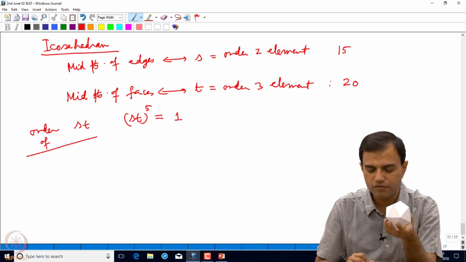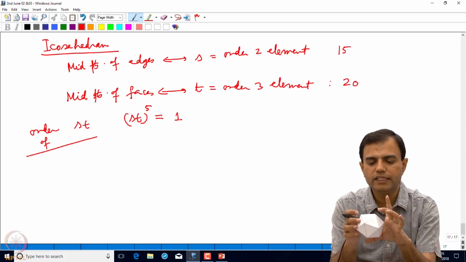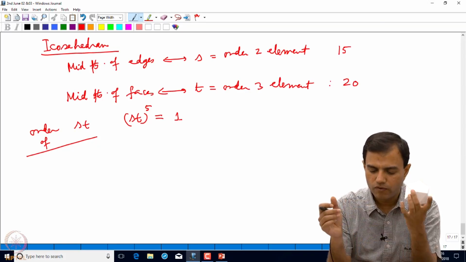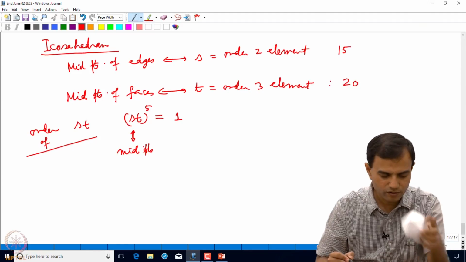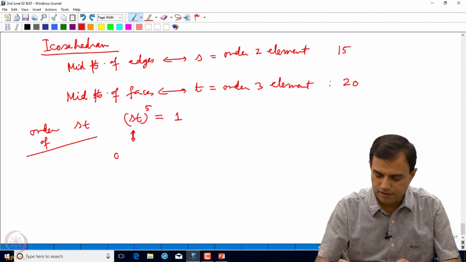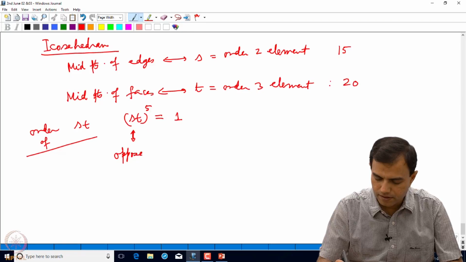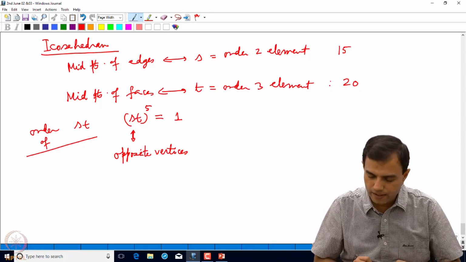So ST is of order 5, and that order 5 element is obtained by taking opposite vertices. So when you take opposite vertices, you get an order 5 element.